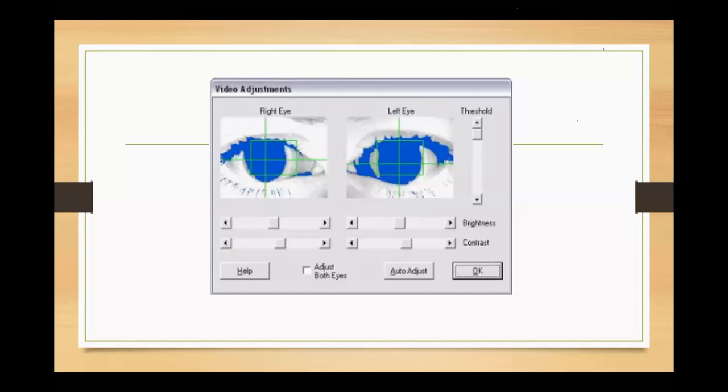What is the benefit of using an ENG over VNG? VNG has pros and cons. VNG cannot be used in certain scenarios. In those scenarios, ENG saves us. Where VNG cannot be used, the first thing is the goggles are not adjustable.